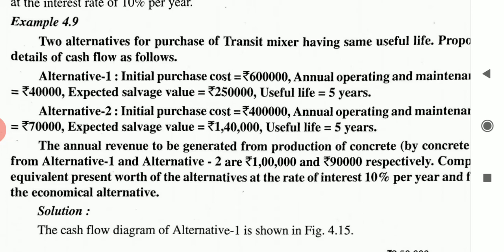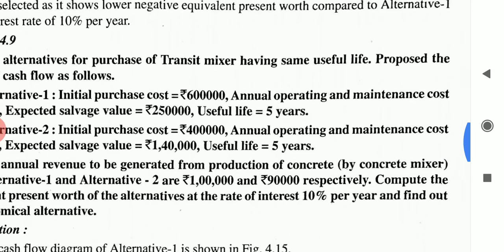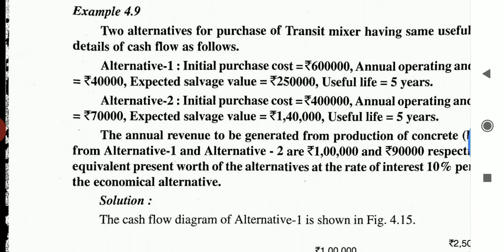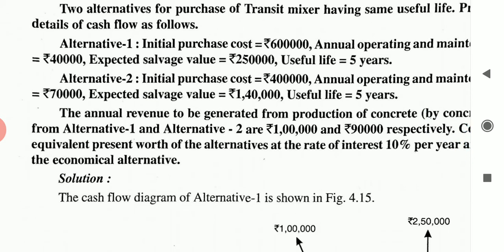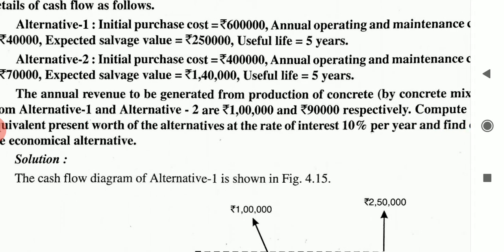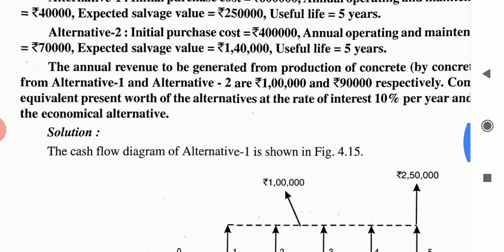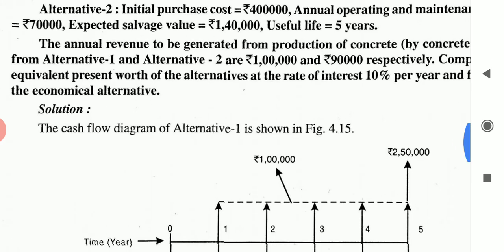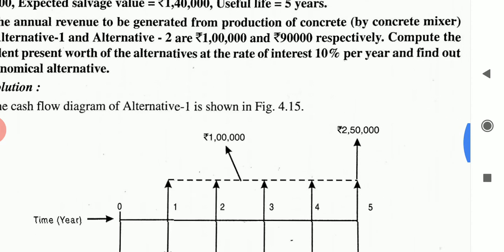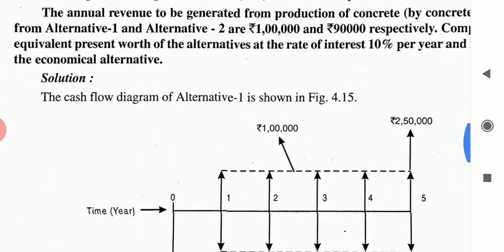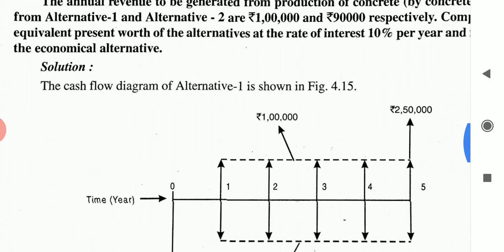In alternative 1, initial cost P is mentioned, salvage F is mentioned, N equal to 5, and operating and maintenance cost is 40,000. In alternative 2, the same data is mentioned but the values are changed. And the third point, the annual revenue generated from concrete production by the concrete mixer for alternatives 1 and 2 is 1 lakh and 90,000 respectively. Compute the equivalent present worth of each alternative at the given rate of interest.